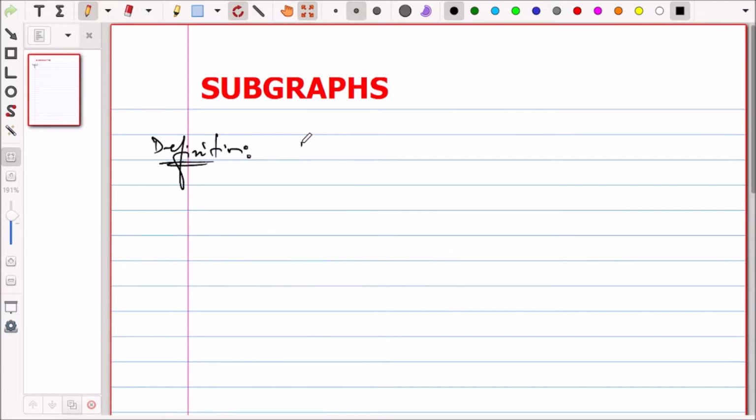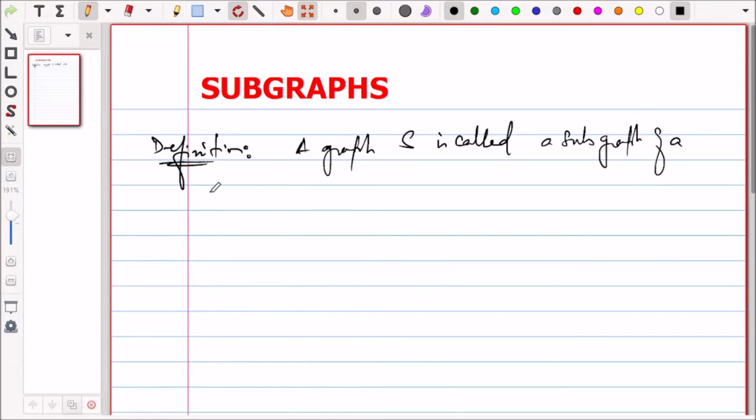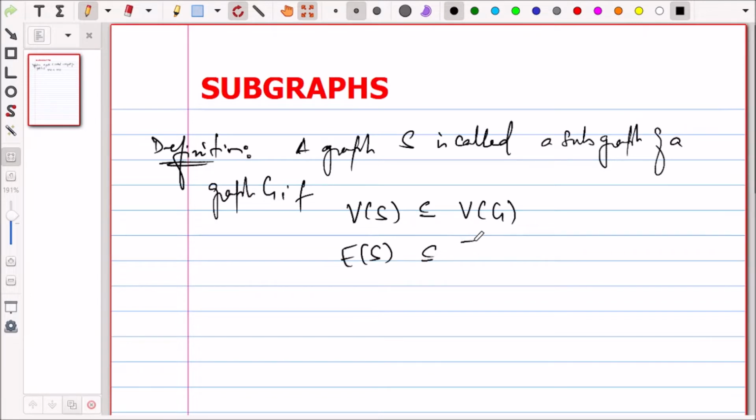A graph S, which should be a graph in itself, is called a subgraph of a graph G if the vertex set of S is contained in the vertex set of G. Every vertex in S is a vertex in G, and the edge set of S is contained in the edge set of G. मतलब G के बाहर S का कुछ भी नहीं है, ठीक है?